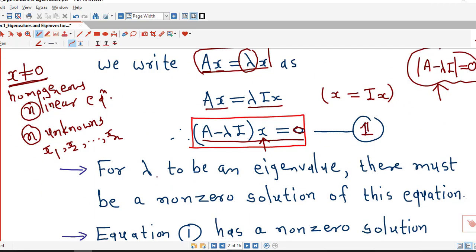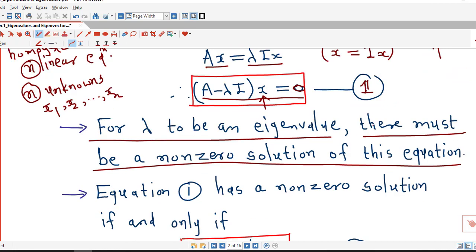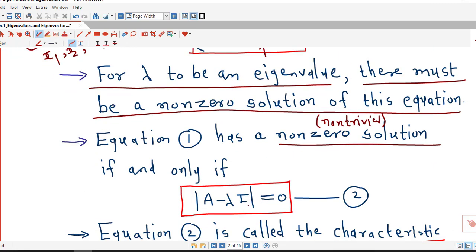So here we have written, for lambda to be an eigenvalue, there must be a non-zero solution of this equation 1. And as we discussed, equation 1 has a non-zero or non-trivial solution if and only if determinant of A minus lambda I equals 0.